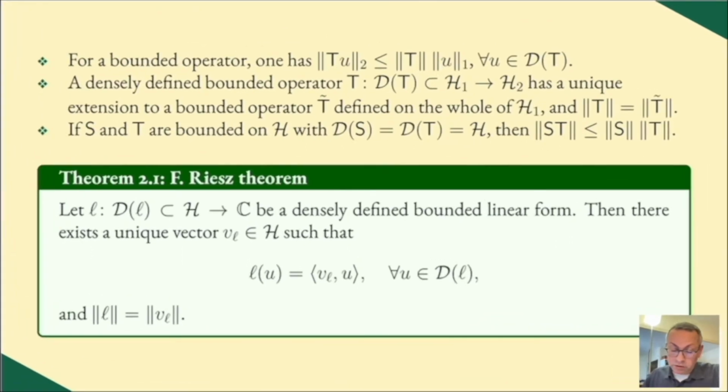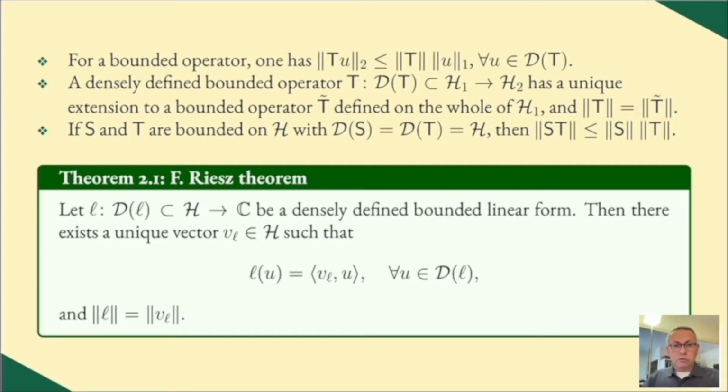Let me make a few remarks on bounded operators. Well, first, as I said, the norm of the operator is the best constant such that this inequality is satisfied. And the second remark is that in the case you have a densely defined bounded operator, then you can in fact extend it uniquely to the full space. I will call the extension T tilde, and T has the same norm as its extension.